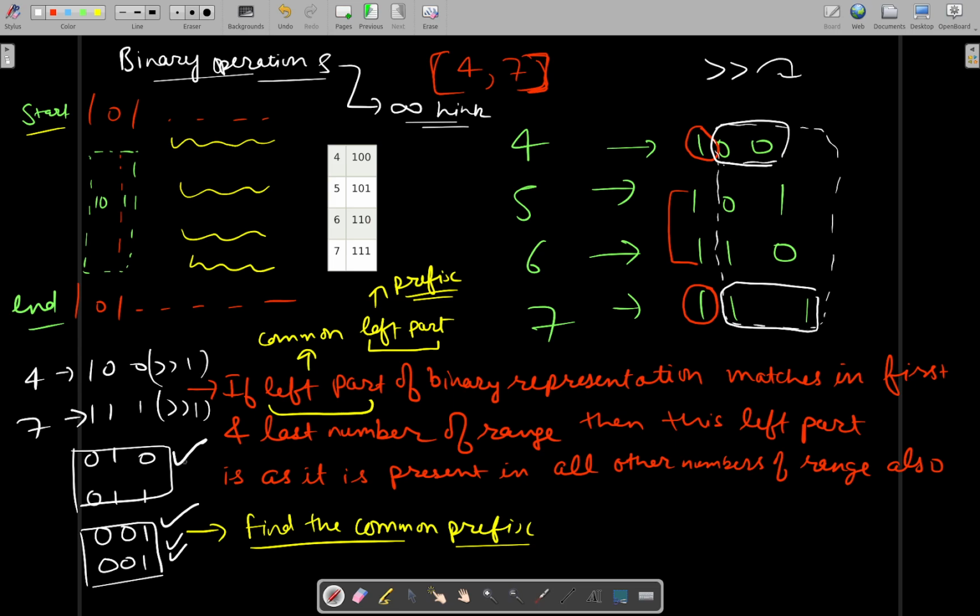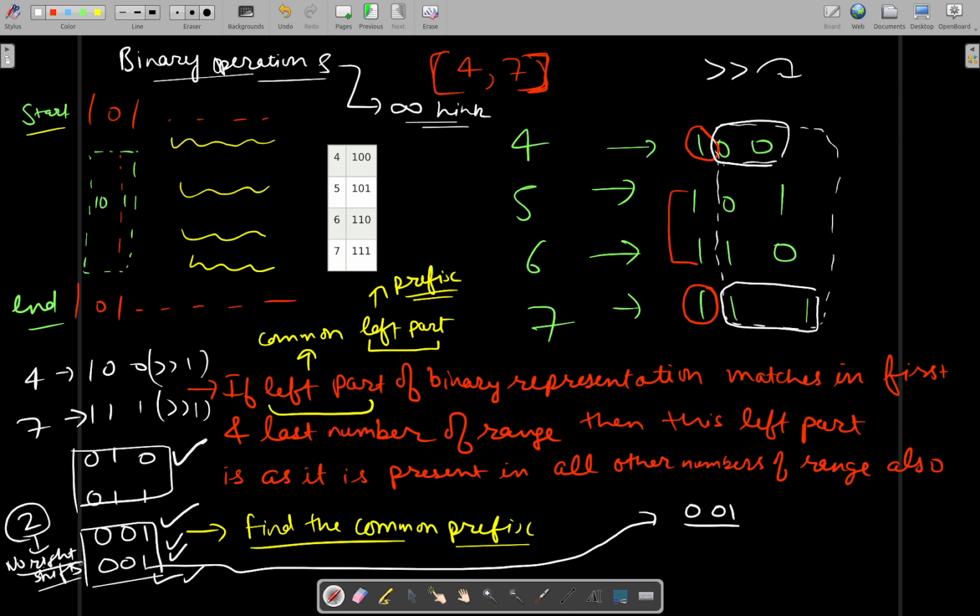So when these two numbers become equal, we will pick either of them and see what binary representation we have. 2 was the number of right shifts. So you will simply do a left shifting operation, shifting bits that number of times, the number of right shifts.